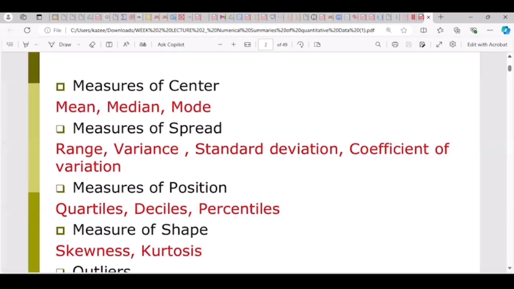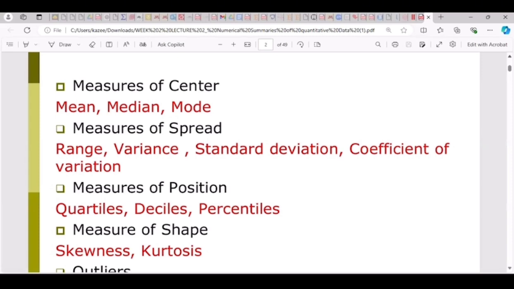Now, I need you to pay attention, because what we actually want to do today plays a very key role in descriptive statistics. So these are the kind of measures that we use.